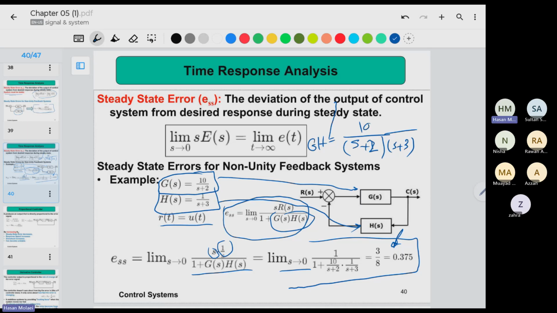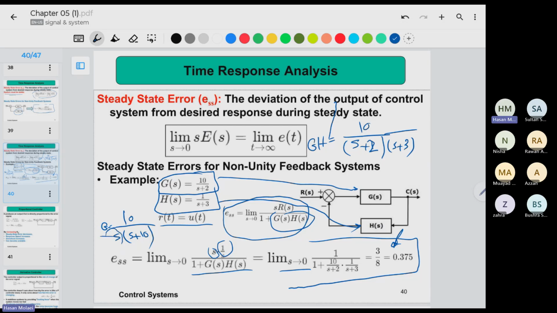So as you are seeing here, there is not any factor of S, right? In the previous example, you remember G was 1 over S times S plus something, maybe 10. So in the previous example, we were seeing that there is a 1 over S factor in the transfer function, right?